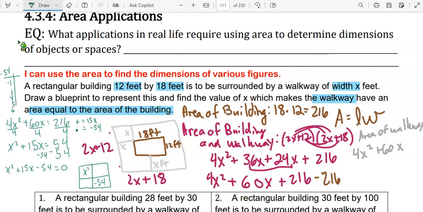So let's list out the factors of 54. We'll make the smaller number negative since our answer needs to be a positive 15. Negative 54 divided by negative 1 gives 54.